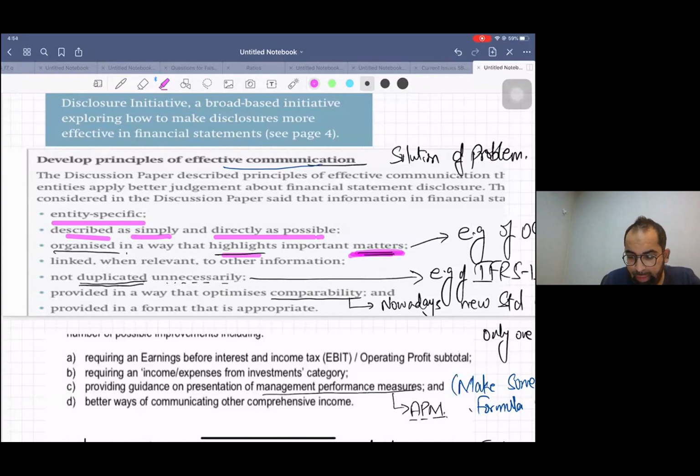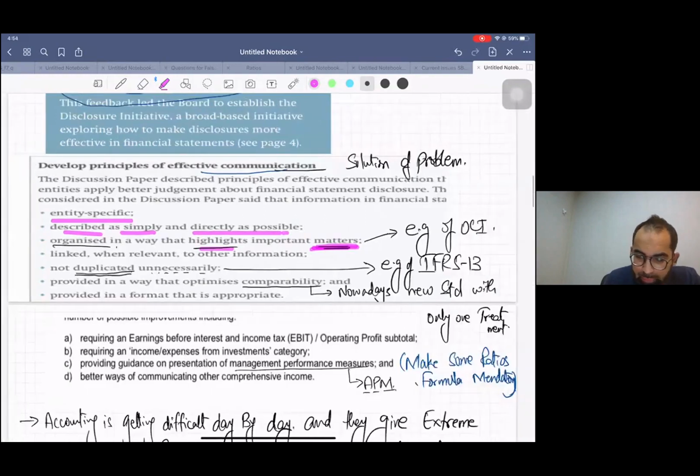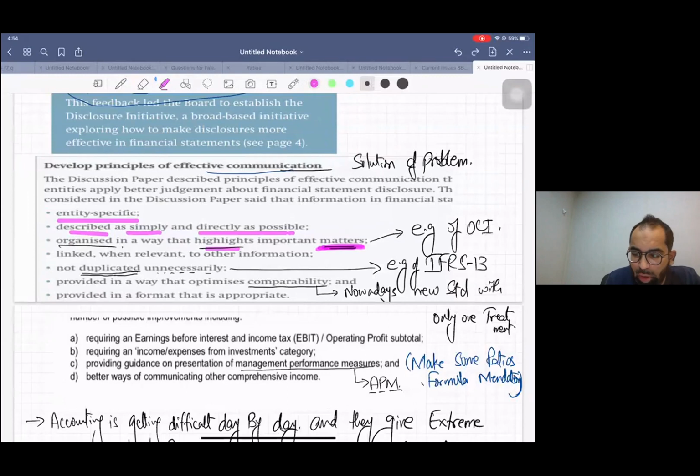Now I have written here an example of OCI. Almost 15 years back, the income statement was without OCI. OCI used to be posted on a different page, for example in the statement of changes in equity.